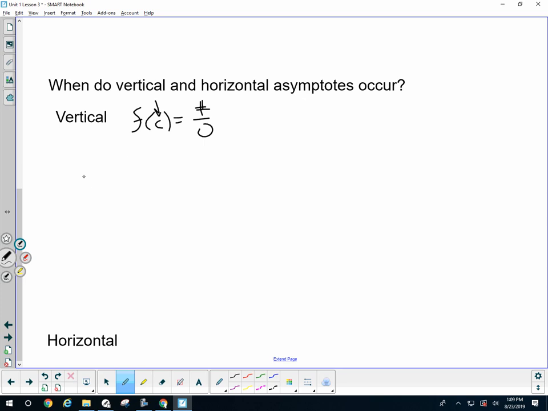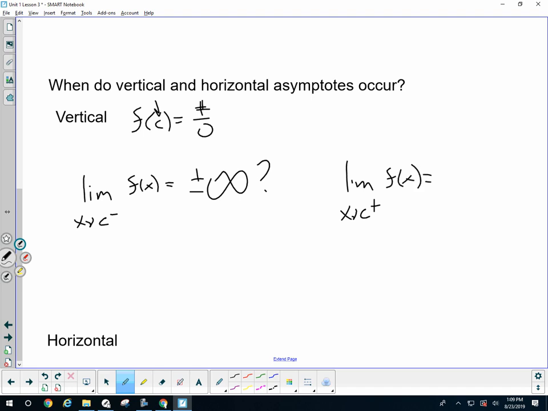But they will ask you, hey, what is going on just to the left of C of the function? And you need to figure out, are we trending towards positive or negative infinity? And the same is going to be asked of you of what's going on to the right of your vertical asymptote. And you need to figure out, are you trending towards positive or negative infinity?